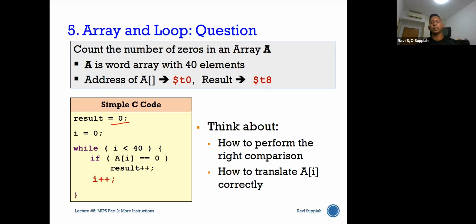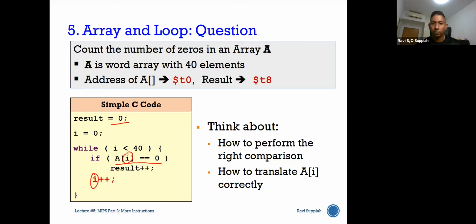But what happens when you want to translate this into assembly? We need to be very careful to ensure that we perform this comparison correctly. And at the same time, you have to remember that in C we say I plus plus, because the next index automatically points to the next word.